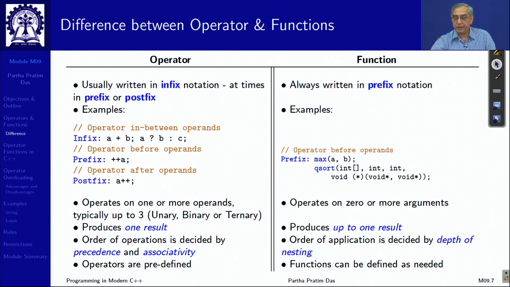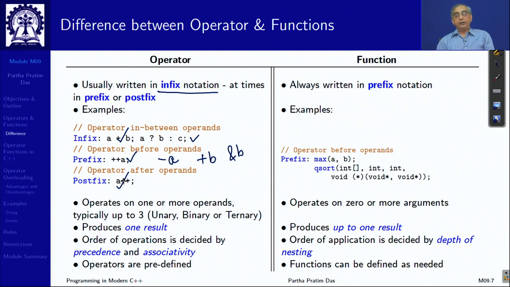All three forms are possible in operators, though infix notation is most commonly used. So, this is an infix notation, this is an infix notation, whereas ++A is prefix notation, -A is prefix notation, +B is prefix notation, and so on. Similarly, you have A++, which is a postfix notation.